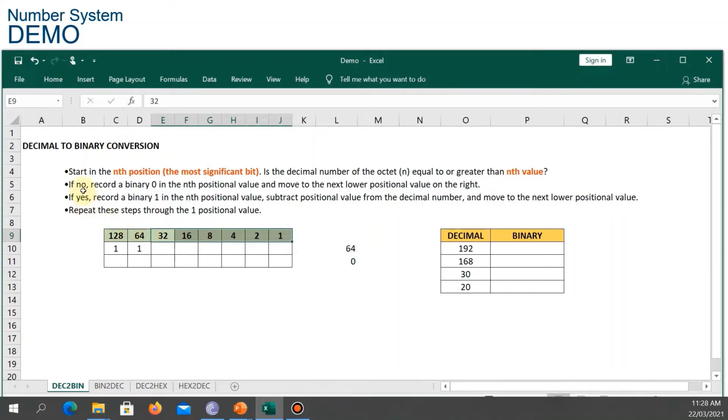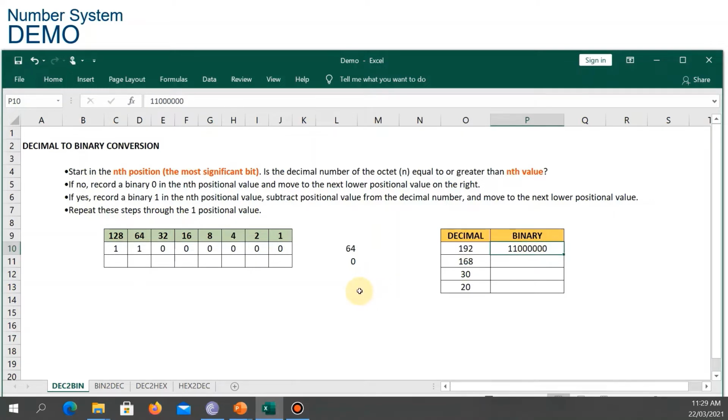The answer is no. So we record 0 on all these positional values until we reach the 1 positional value. All right, so therefore, we could say that 192 is equal to 11000000 in binary.